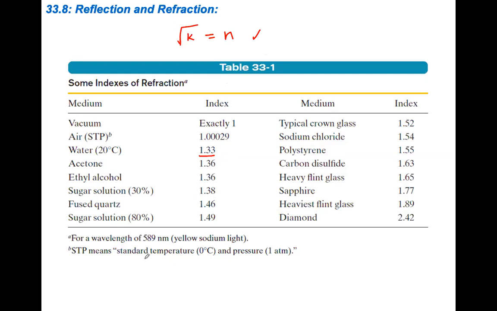And one of the things you always have to remember about dielectric constants and then index of refraction is what frequency, what wavelength were you making this measurement for? Okay, and you can see on this chart, these are all made for a particular wavelength, which is pretty close to the center frequency of the light coming from the sun. You use some other frequency, you're going to find a significantly different number.